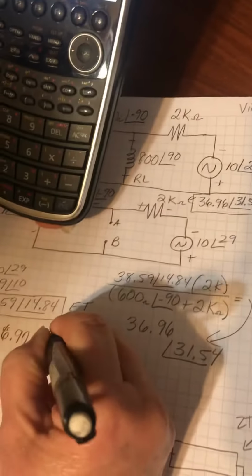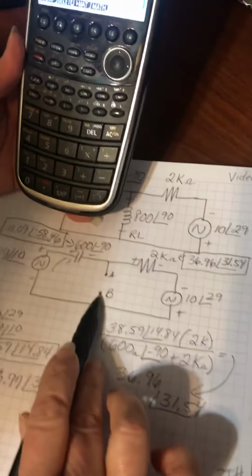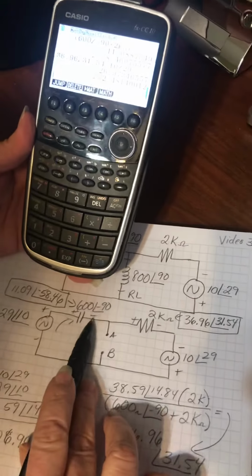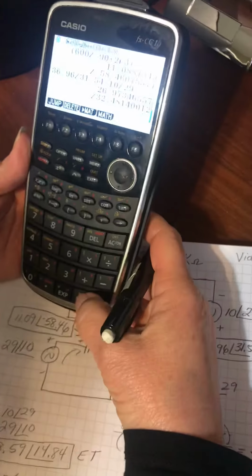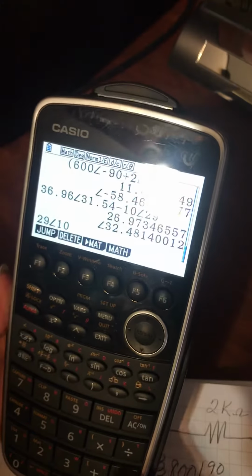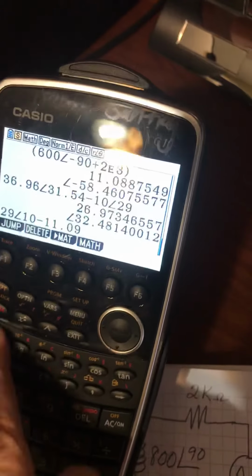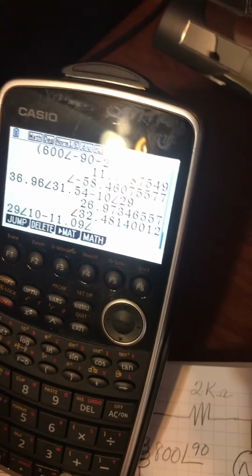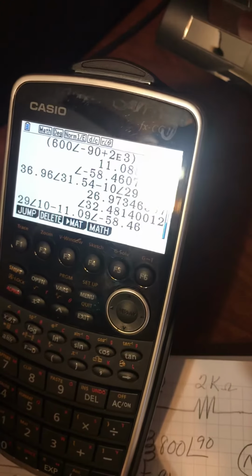Could we stop there? Sure we can. But just for fun, we're going to do from A to B this way. So this, we're entering the negative, so it would be negative 11. Or we can just take, and then this is an addition, so we can do 29 at an angle of 10 minus 11.09 at an angle of negative 58.46.